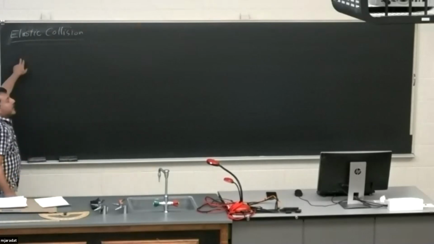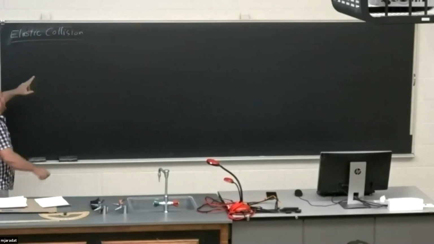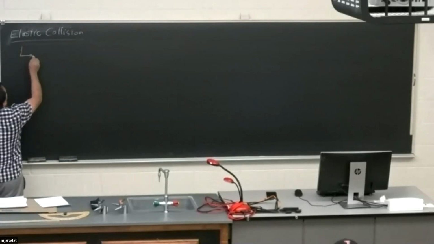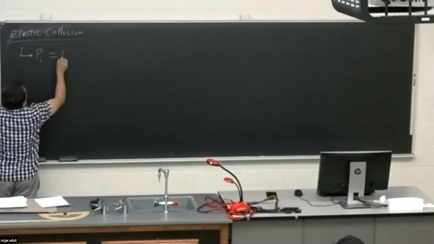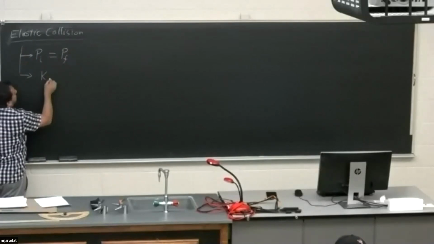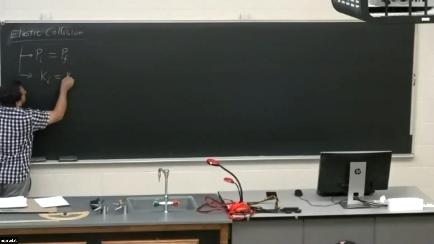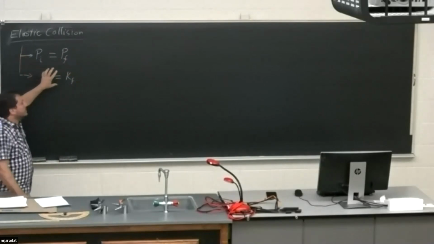Now, in elastic collisions, we have 2 conserved quantities, which are the momentum, P initial is equal to P final. Also, we have kinetic energy initially is equal to kinetic energy final. These are the conserved quantities.